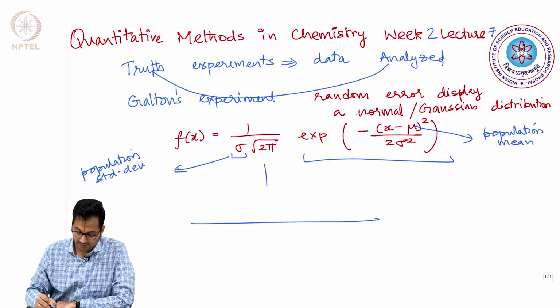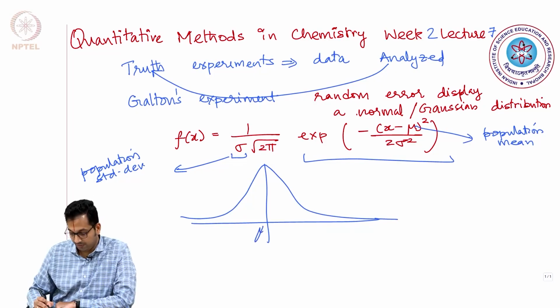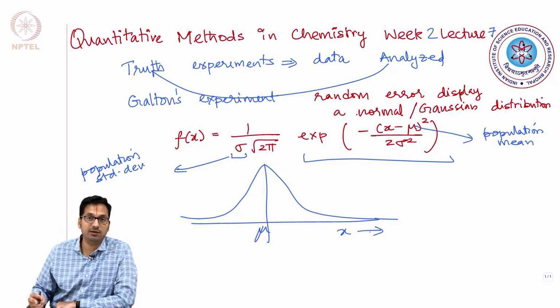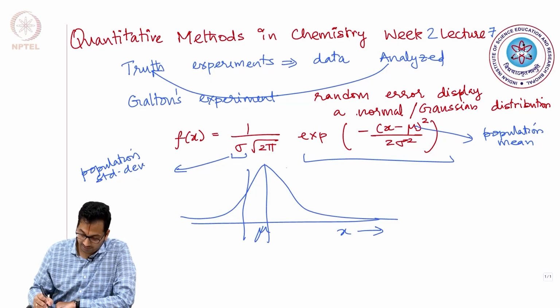So what this means is that when you are making a measurement, you have a probability of getting your data point within this distribution, and that is indicated by the standard deviation.